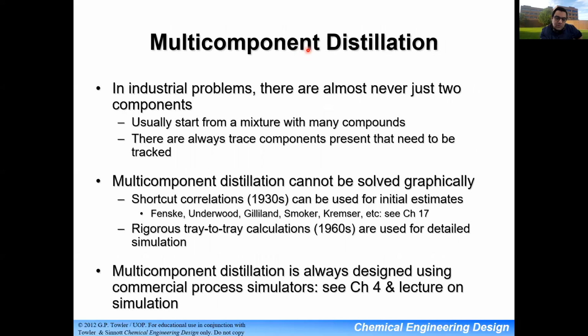You can use the graphical methods or these shortcut methods to give you an initial estimate, but the calculations become very complex because thermodynamics now starts becoming complex. You have more than one species.